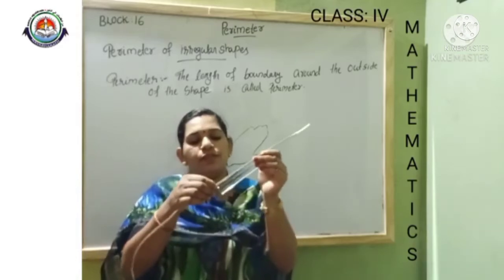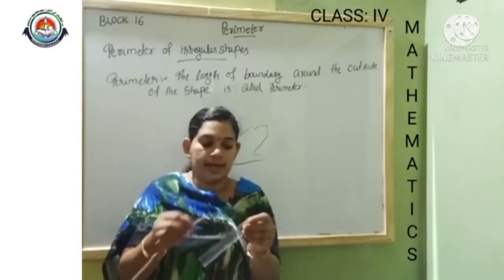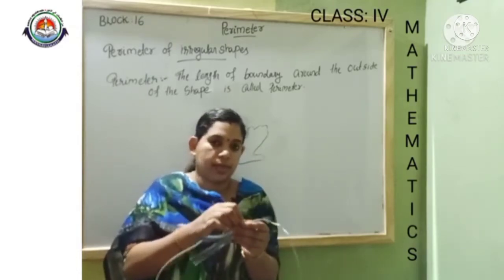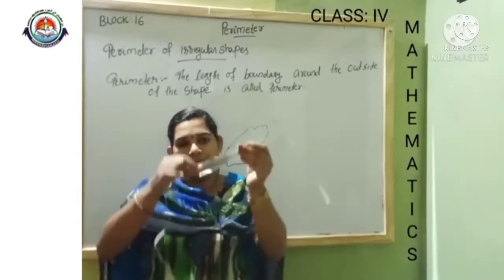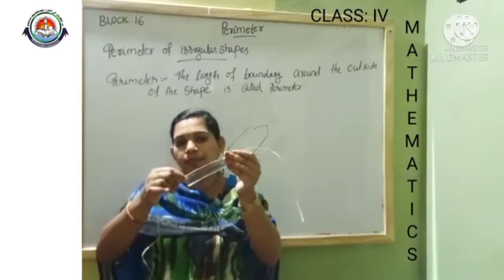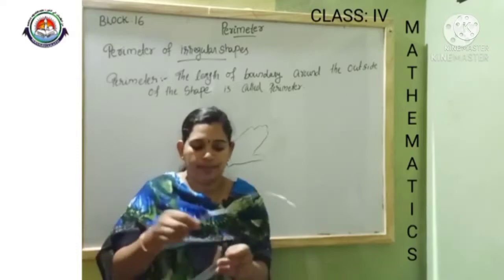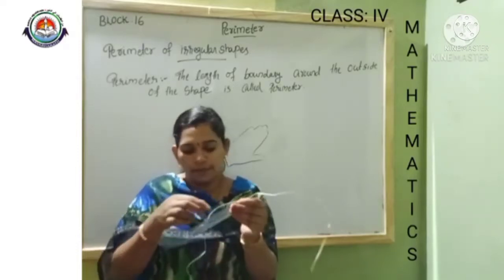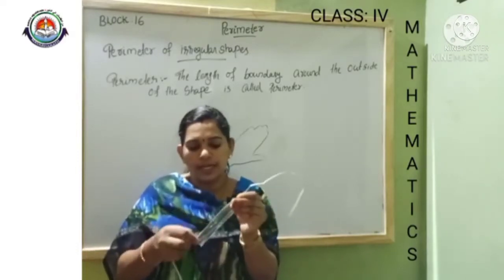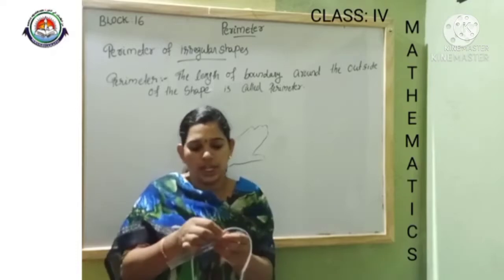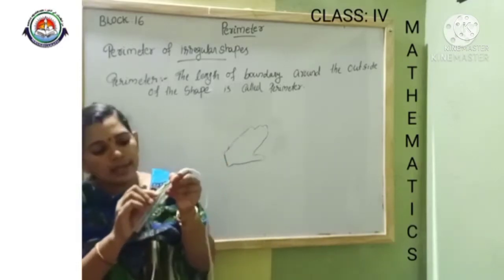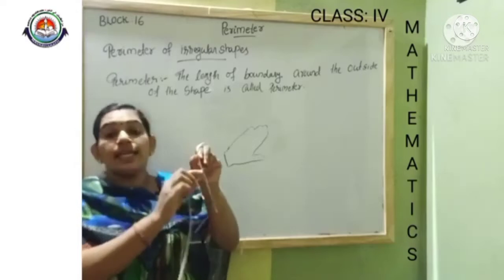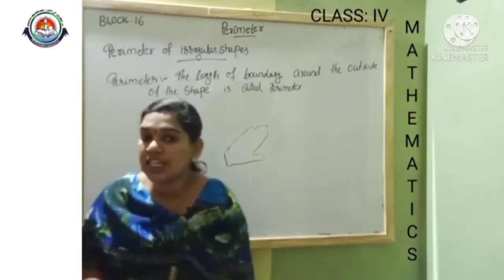Then 15 plus 15 is 30. 30 plus 15 is 45. 45 plus 15 is 60. Then 60 plus this much of my hand, here 4, is 64. My hand perimeter is 64.